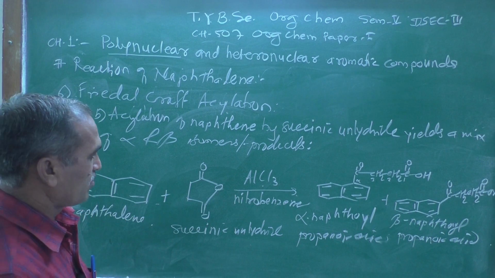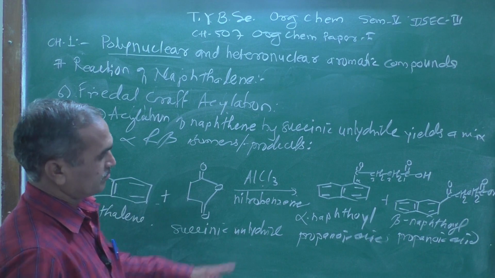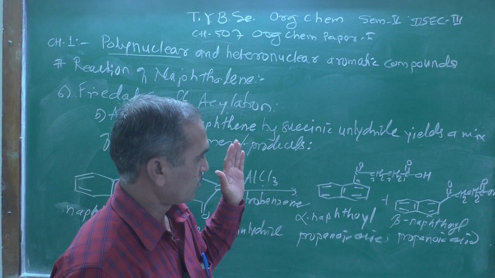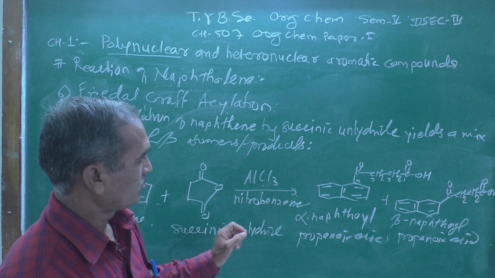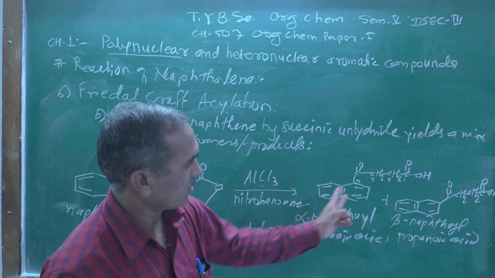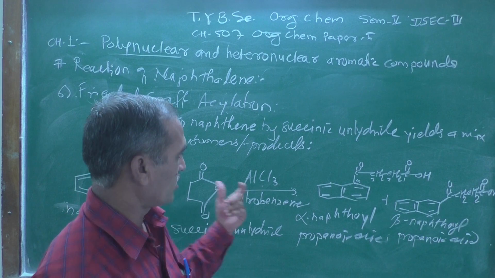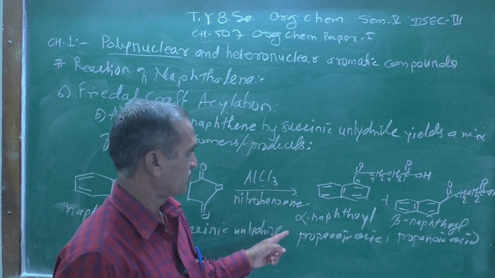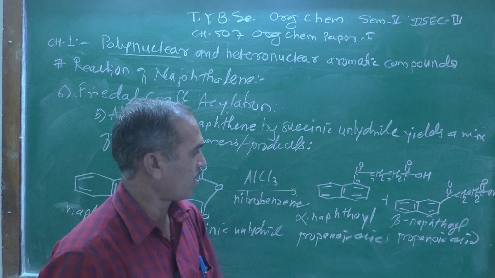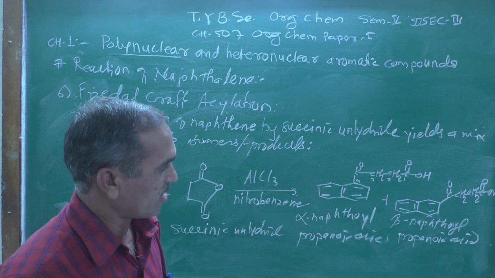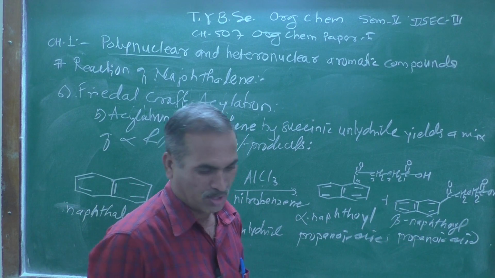The solvent employed is nitrobenzene, and therefore we get a yield of two isomers, a mixture of products. One has the group introduced at the alpha position, that is alpha naphthyl propanoic acid, and the other is beta naphthyl propanoic acid.